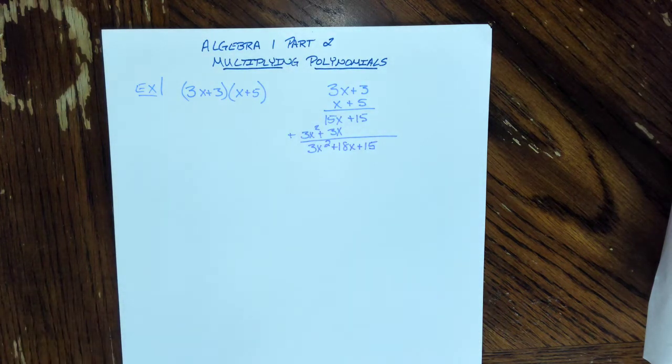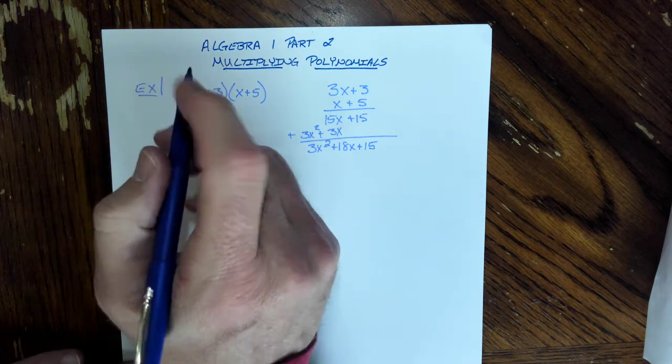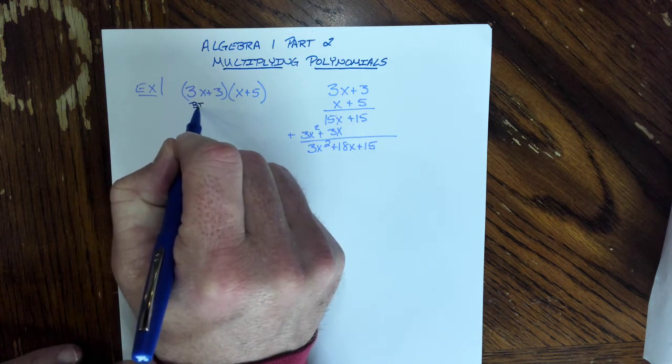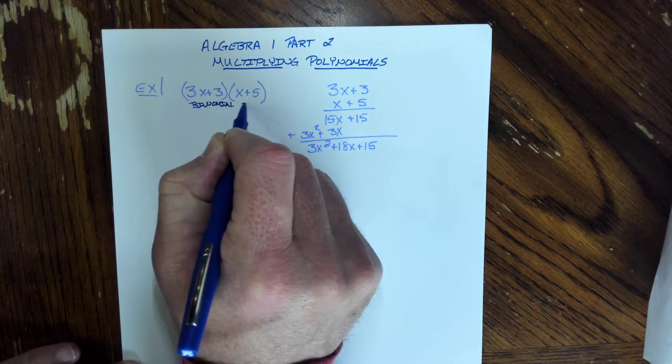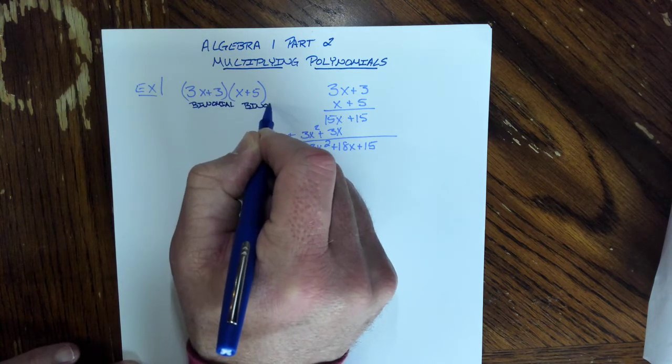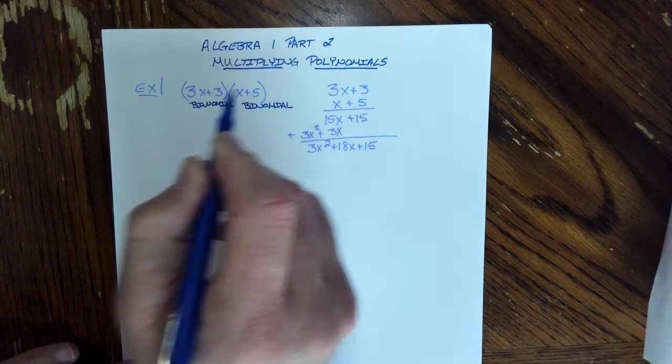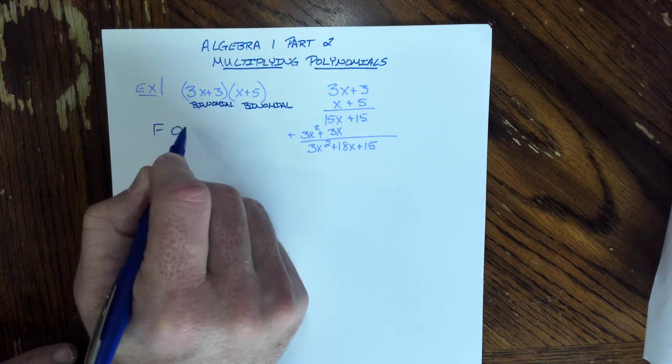Now, there is one little acronym that we use a lot. The thing about it is, it works when you have a binomial times another binomial. And that is called FOIL.